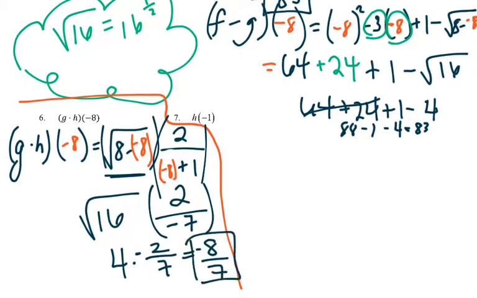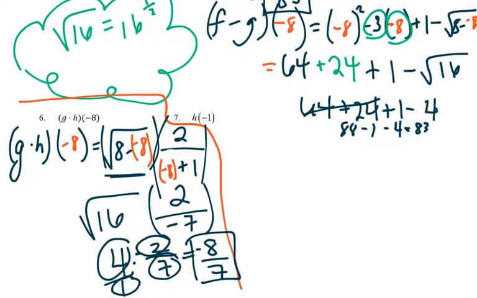You can think of the 4 as a fraction being over 1, because any whole number I can turn into a fraction by dividing by 1. And so when I multiply the numerators, 4 times negative 2 is negative 8, 1 times 7 is 7. Oftentimes it's better to just leave that as a fraction because I don't want to deal with a repeating decimal, and if I'm not asked to round, we want the exact answer, which is a fraction.